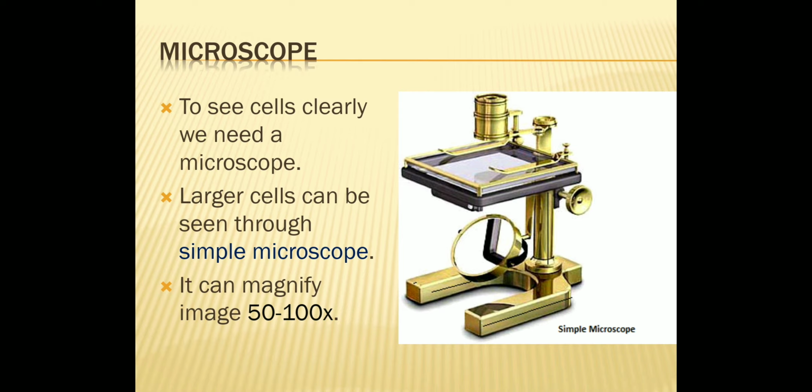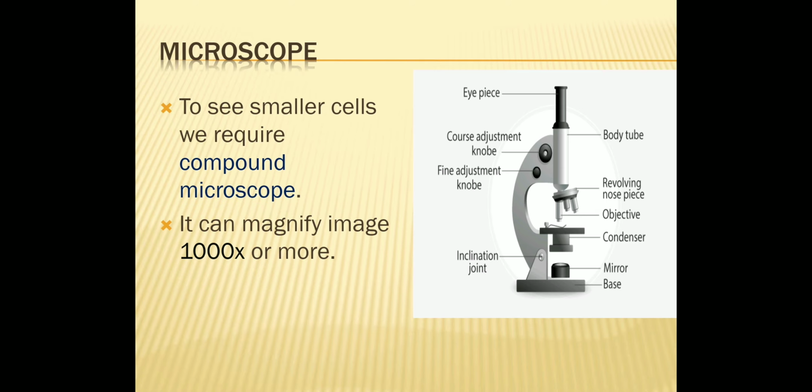Larger cells can be seen clearly through a simple microscope. This simple microscope can magnify an image 50 to 100 times. Then talking about smaller cells, if you want to see smaller cells, you require a compound microscope. A compound microscope can magnify an image 1,000 times or more.